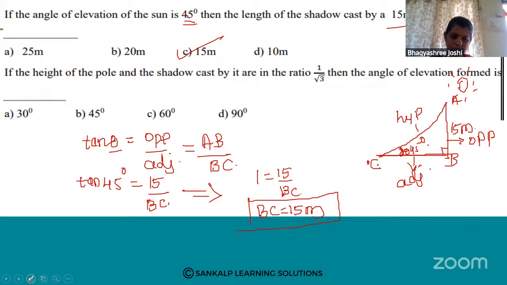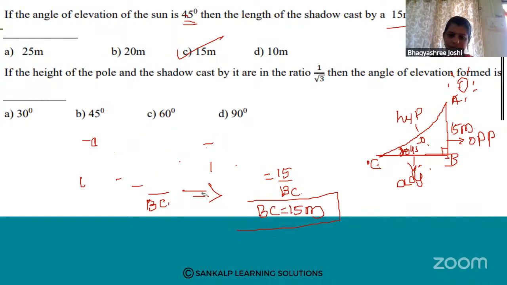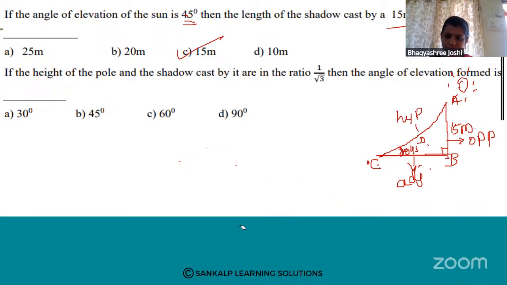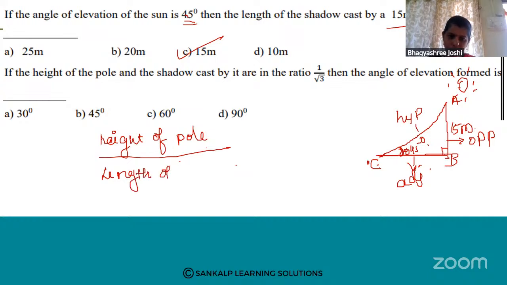Now observe carefully. See, the height of the pole divided by the shadow cast by the pole, or the length of the pole, are in the ratio 1 divided by root 3.